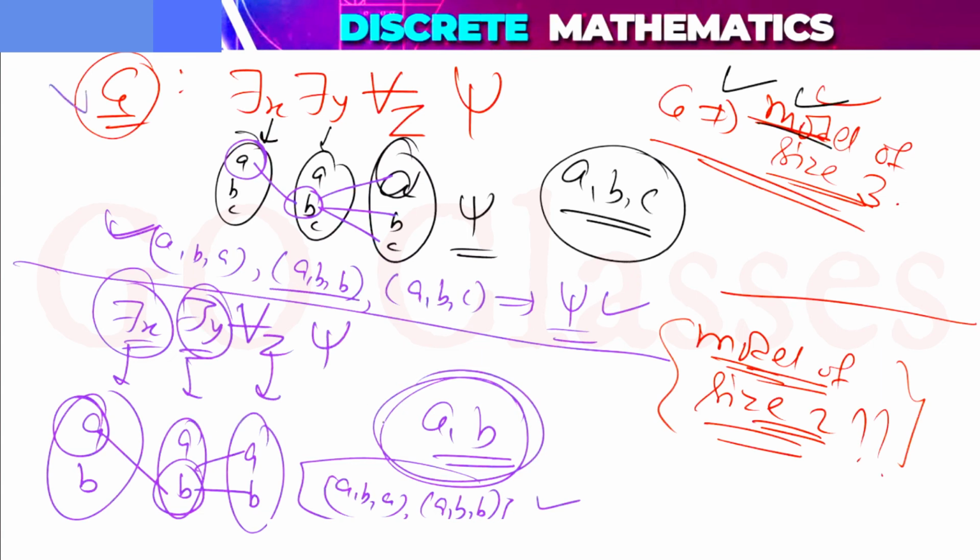When we take this a, b, then this G will become true. So we can guarantee that there will be a model of size 2. Is this point clear? If you see this formula, there exists x, there exists y, for all z, he is saying a model of size 3.